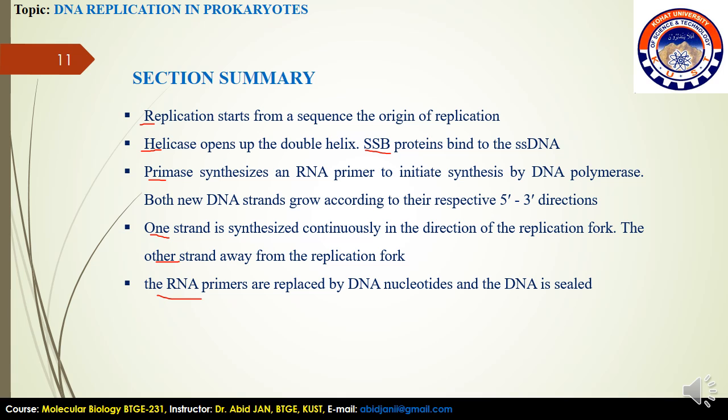Once the replication is completed, the RNA primers are replaced by DNA nucleotides and the DNA is sealed with DNA ligase, which creates phosphodiester bonds between the 3' hydroxyl of one end and the 5' phosphate of the other strand.